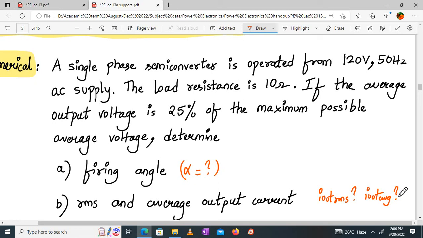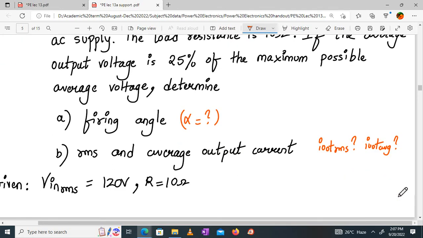So where do you get maximum possible average voltage? What is the expression for V out average? Vm upon pi 1 plus cos alpha. Where will you get maximum output average value? When alpha is 0. Right? Everyone agrees? So that's what the starting point is.